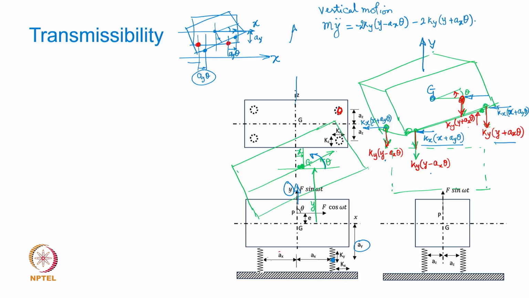That's it, right? Mass times acceleration is equal to summation of all the forces in the direction of acceleration. If you simplify this, you can definitely see that the ax theta term will cancel out, and then I can write this equation as m y double dot plus 4 ky into y equal to 0.